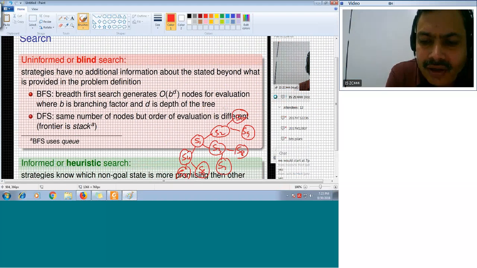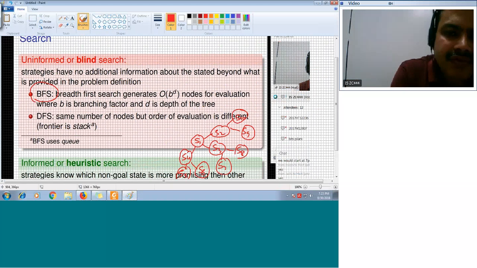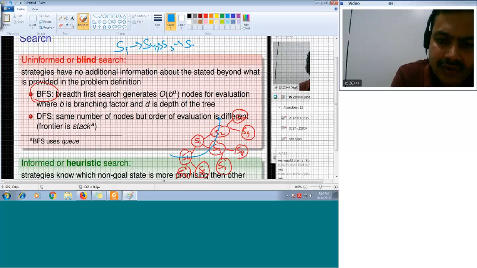If I apply BFS, what is going to happen? Initially you would go to S1, and then you would go to the things nearby S1. Which are nearby S1? S4, S3, and then S2.